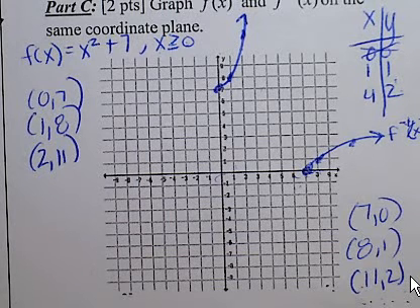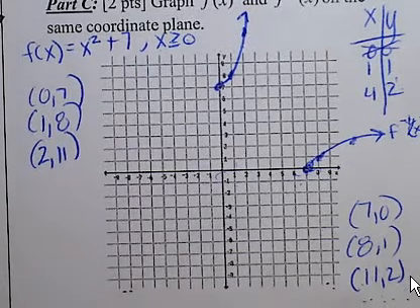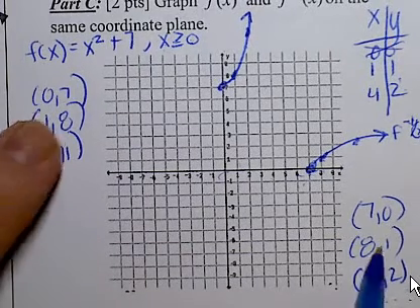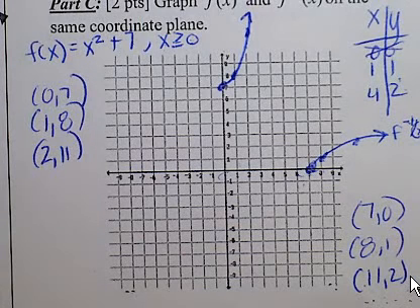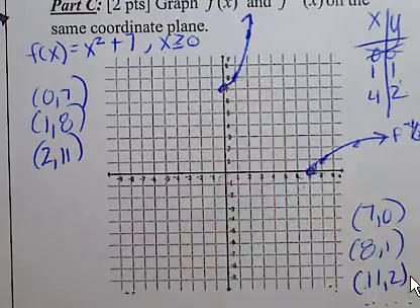Let's analyze for a second our ordered pairs. Look at the ordered pairs. Do you see a relationship? What is the relationship? Turn to your partner, go. Okay, here's the original function f of x.